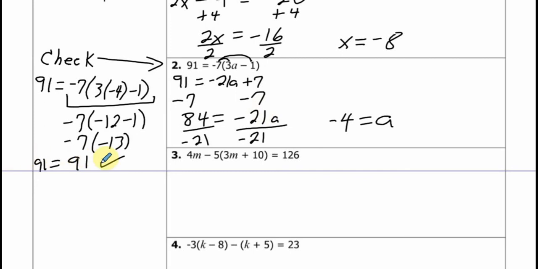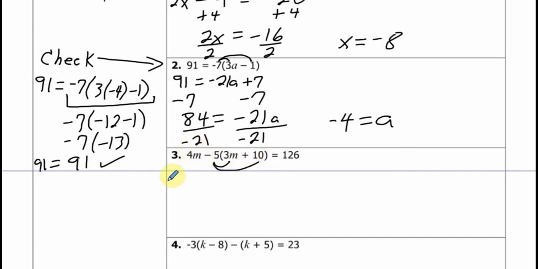All right, let's see how you guys did. So first step is get rid of parentheses. So that means I have to distribute this number in front. So that's negative 5 times all of this. So I've got to do negative 5 times that. That makes that a little bit messy. Let's do it underneath. Negative 5 times 3m and negative 5 times 10.